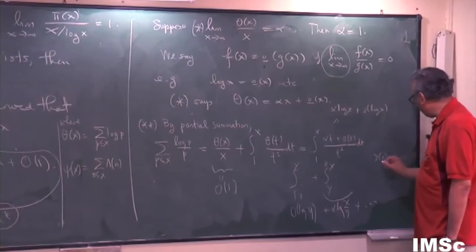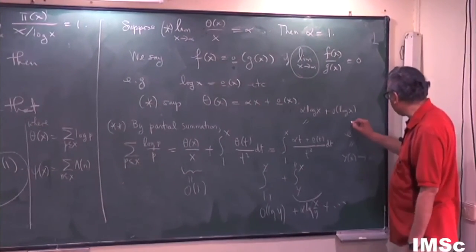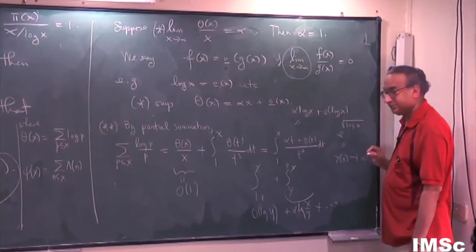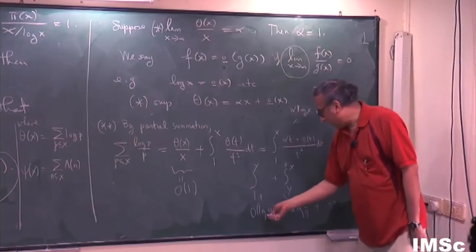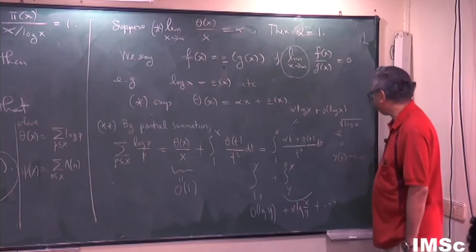And then it turns out that if you choose, well, this is not the only choice, but if you choose y to be like e to the root log x, then log y here will be root log x.